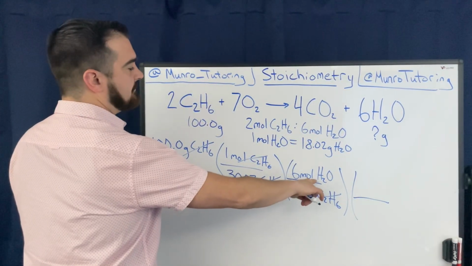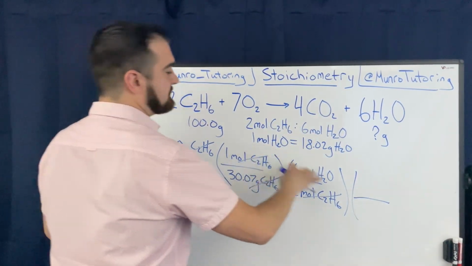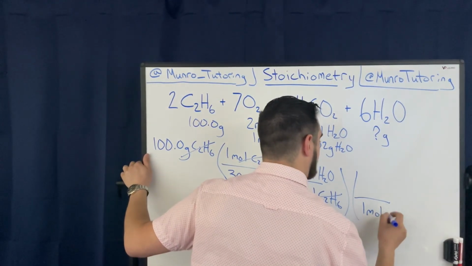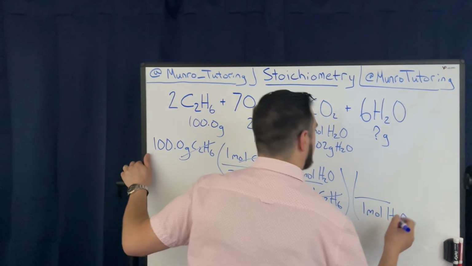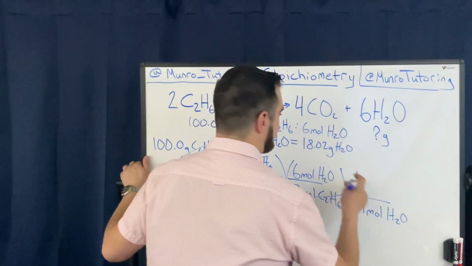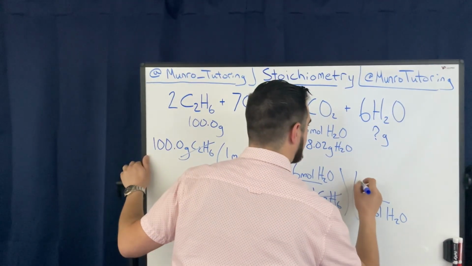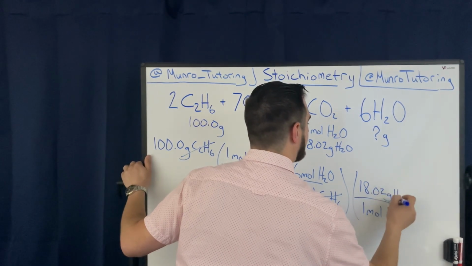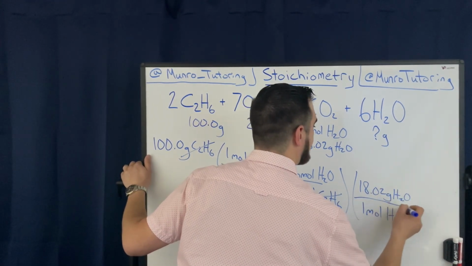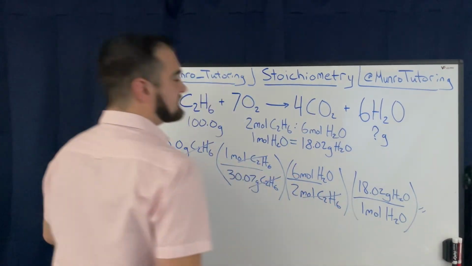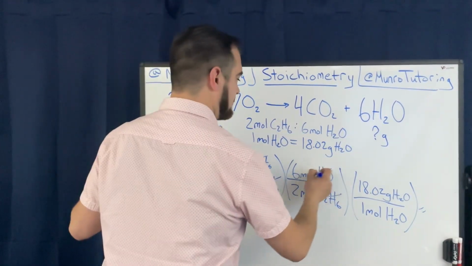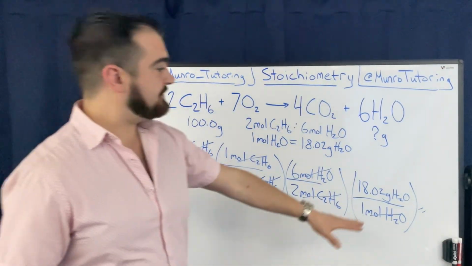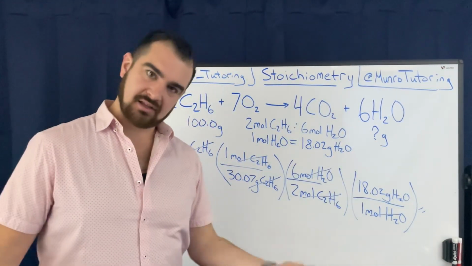Moles of water on the top, so moles of water have to go in the bottom. 1 mole of water, and the molar mass has to go on top, or the actual value here. So that's 18.02 grams of water. And now moles of water cancel with moles of water, and the final unit that we have is the unit that we want, grams of water. That's what they asked us for.